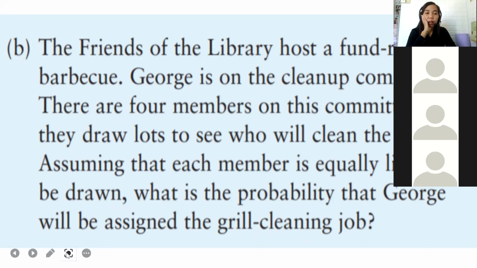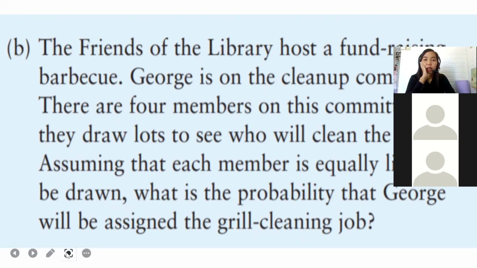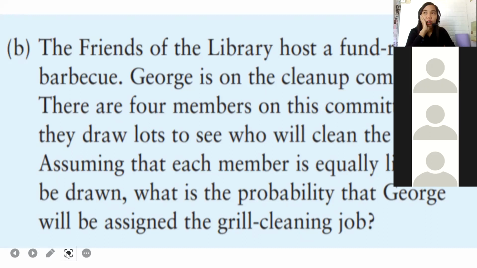So what do you think is the technique that we are going to use in letter B? Did you understand the problem, Tiffany? Somewhat, ma'am. So what did you understand in the problem? Ma'am, I think we will use the equally likely outcomes.